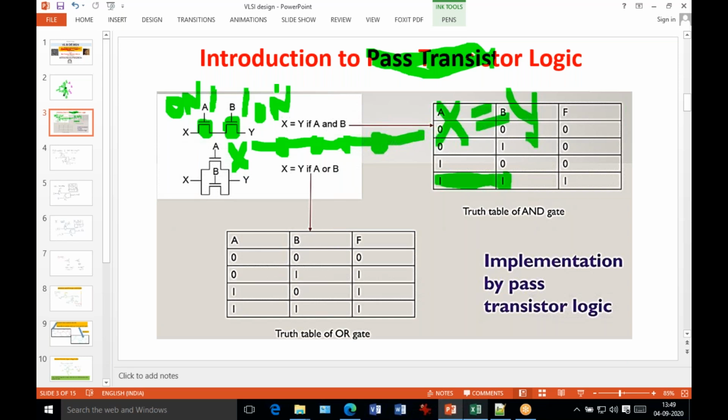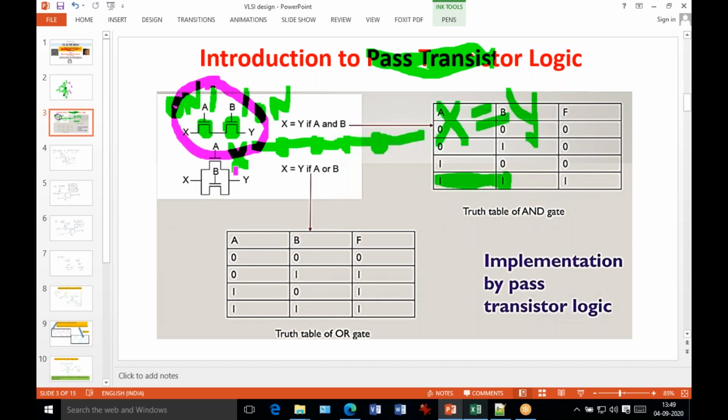So in this circuit, you carefully observe, if both input voltages are 1 and both transistors are on, then you get the output based on the condition of the input signal.